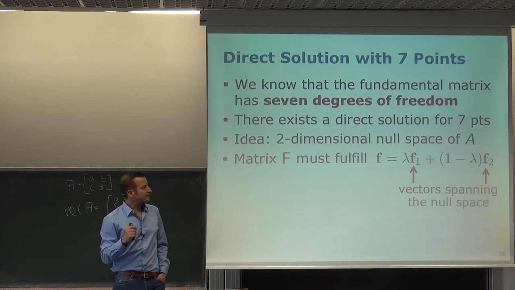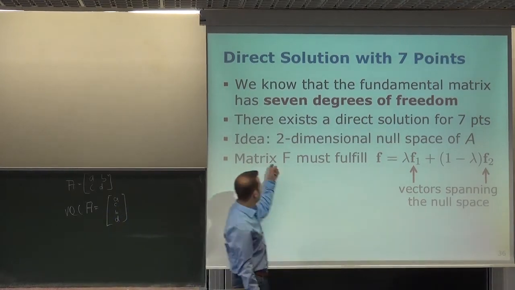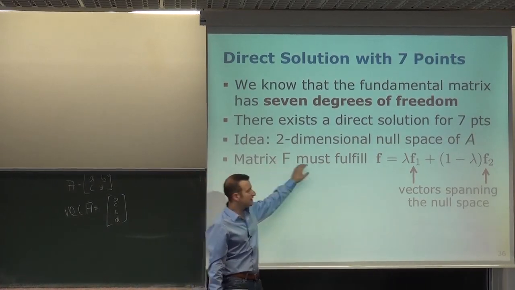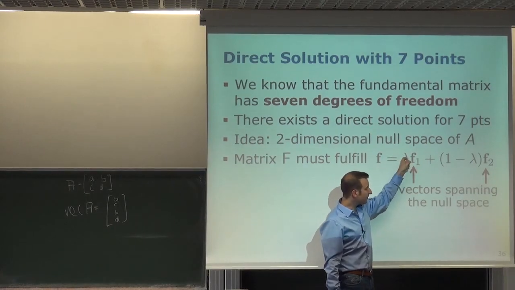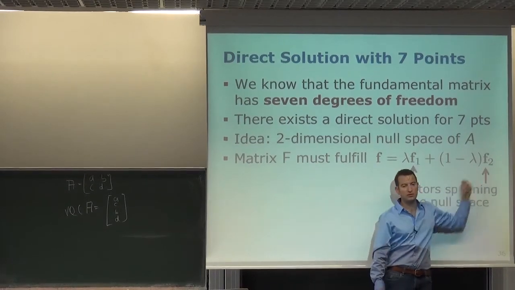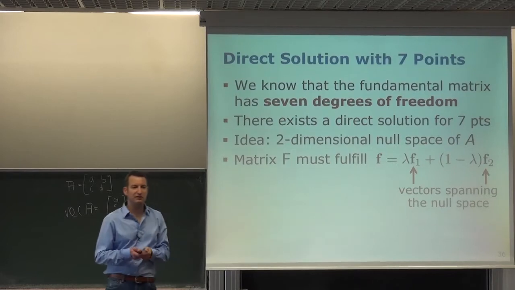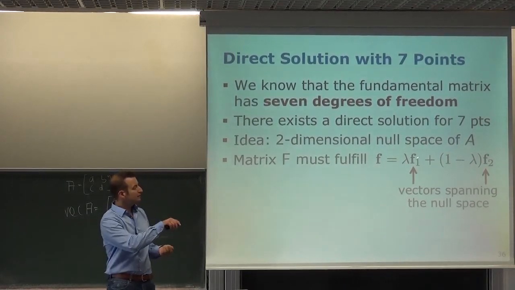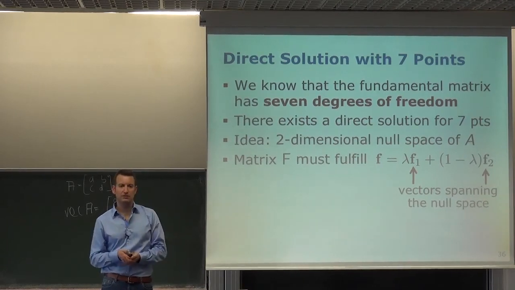If we have 7, it means that the fundamental matrix F that I generate, or the vec of F, must be in line with this equation. So it's a weighted sum of these 2 vectors describing the null space of A. If I determine the 2-dimensional null space of A, these are the vectors F1 and F2, and this is one constraint that must hold.